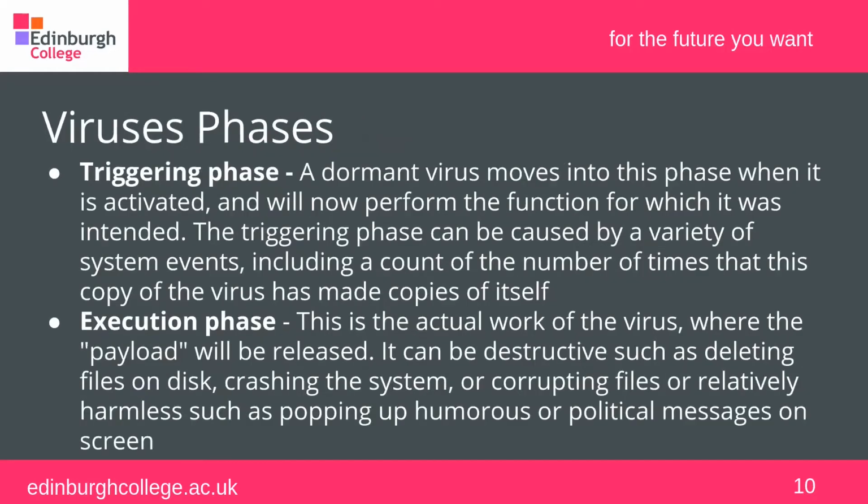We have a triggering phase, where the virus sits dormant and then moves into the triggering phase when it's activated, and it will perform some function. The triggering phase can be caused by a variety of different system events. Okay, then after the triggering phase, there's the execution phase when the payload is released. So we think about those characteristics when we think about a virus.